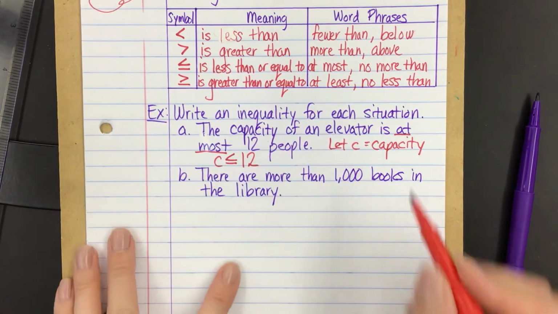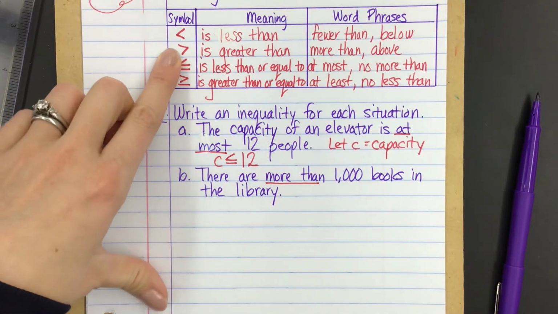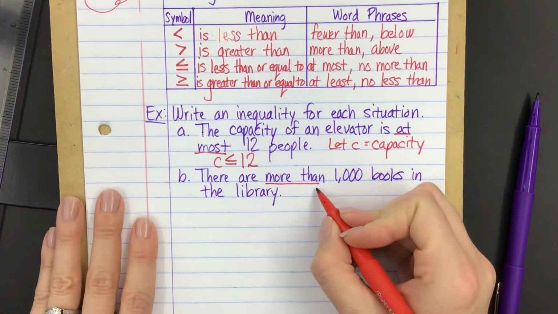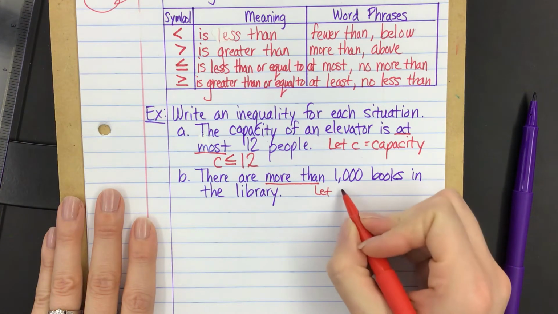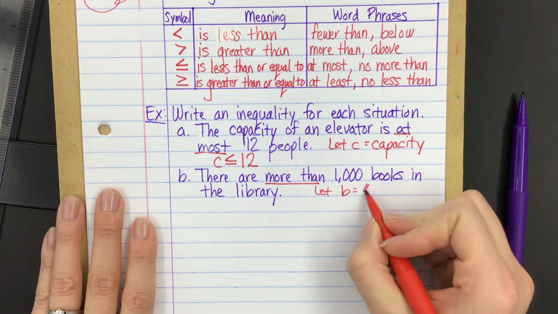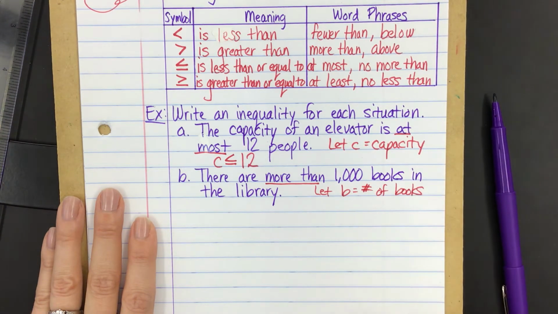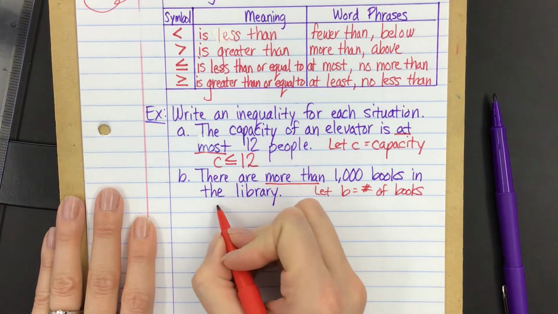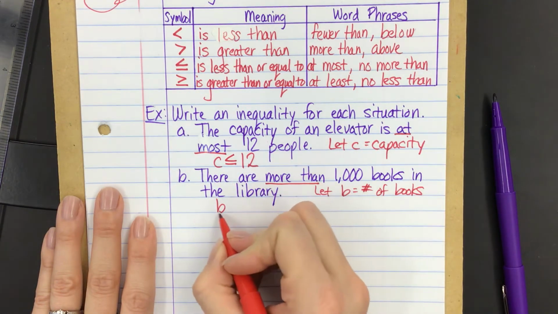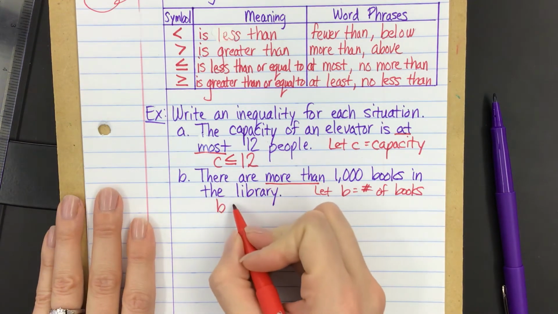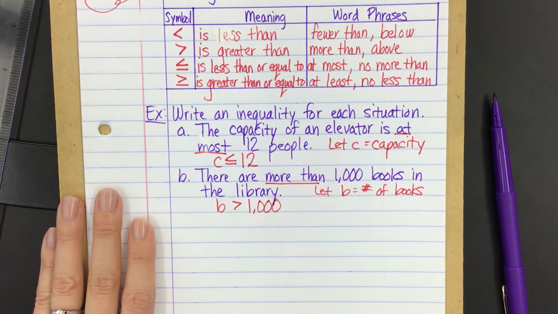And more than, our key phrase here, indicates that we're going to use the greater than symbol. I'll let B equal the number of books. And for this one, it says that it's more than, so I'm going to use that greater than symbol. So we're saying the number of books in the library, B, is greater than 1,000.